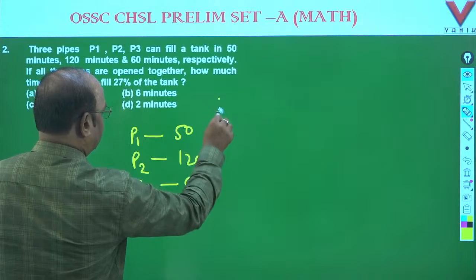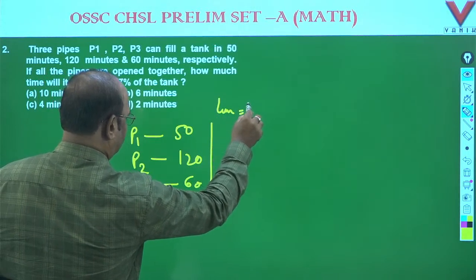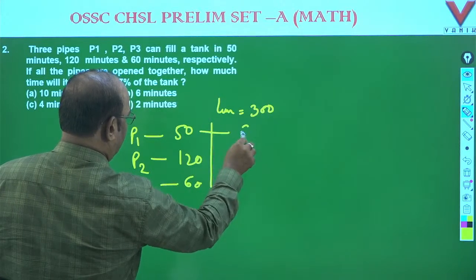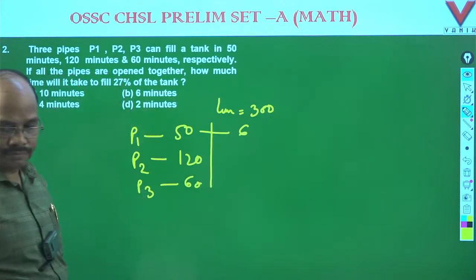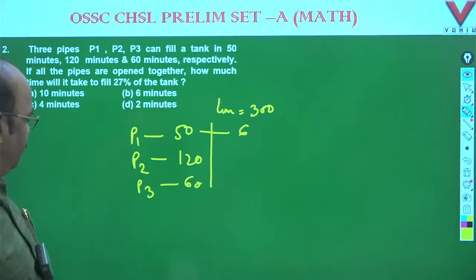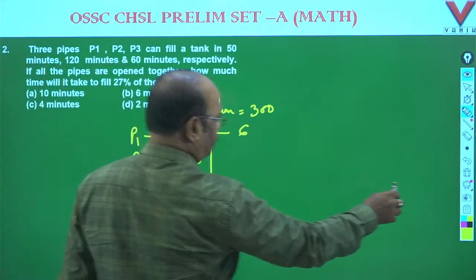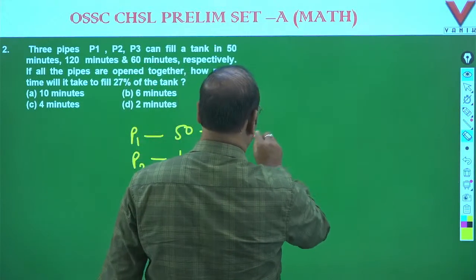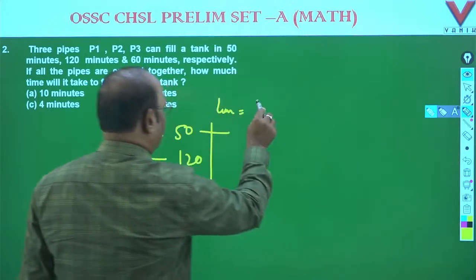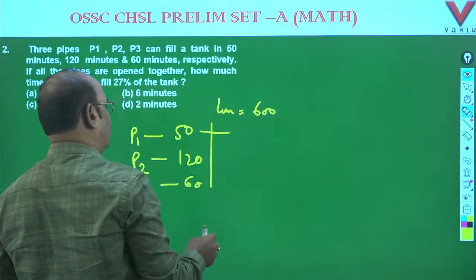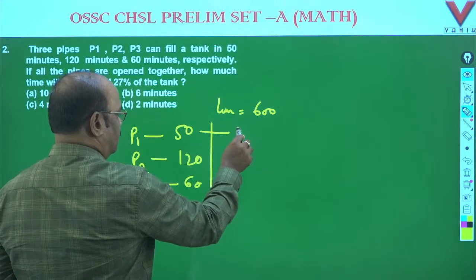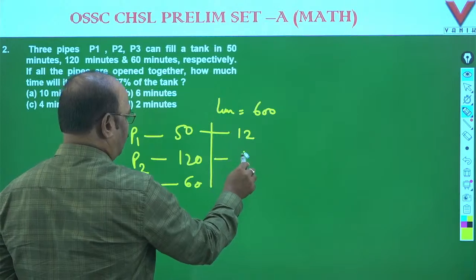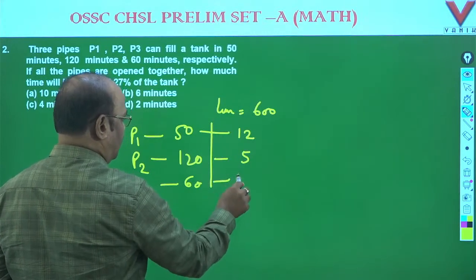LCM is 600. So P1 efficiency is 12, P2 efficiency is 5, P3 efficiency is 10.